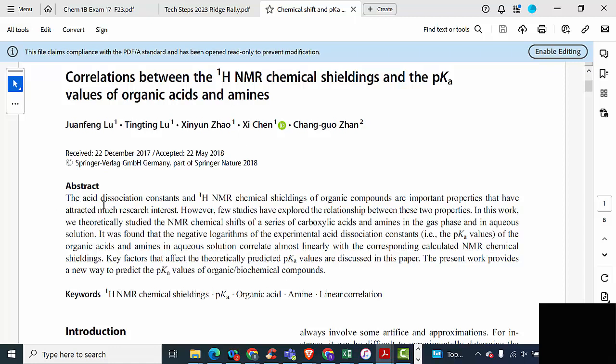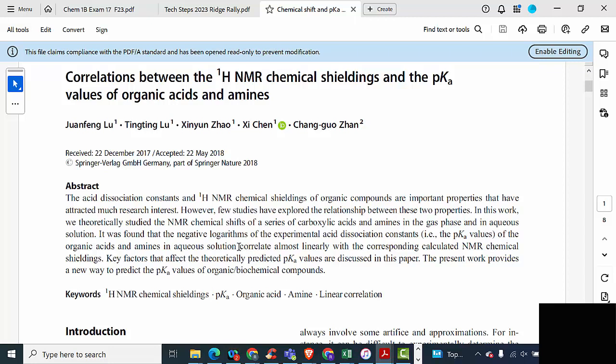If we read the abstract: the acid dissociation constants and proton NMR chemical shieldings of organic compounds are important properties that have attracted much research interest. However, few studies have explored the relationship between these two properties. In this work, we theoretically studied the NMR chemical shifts of a series of carboxylic acids and amines in the gas phase and in aqueous solution.